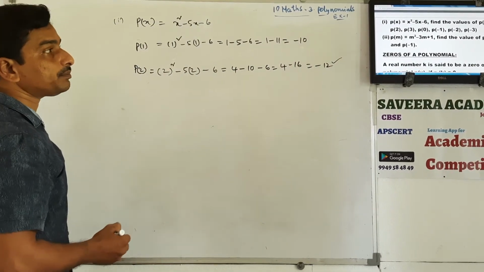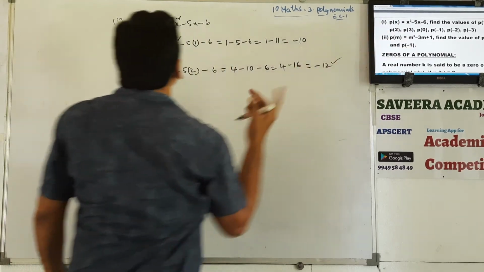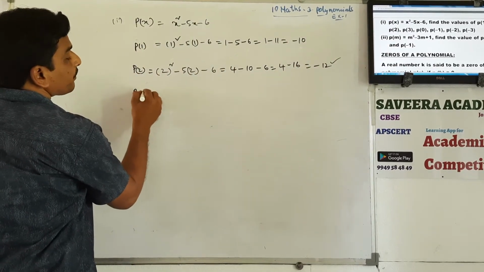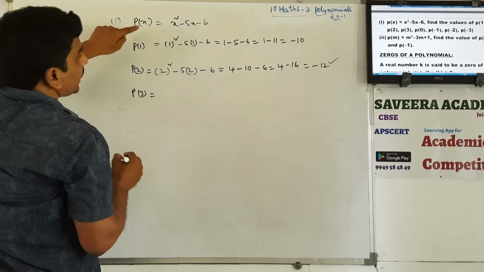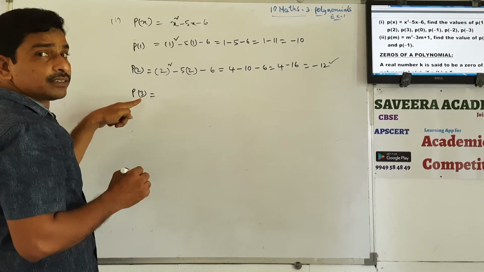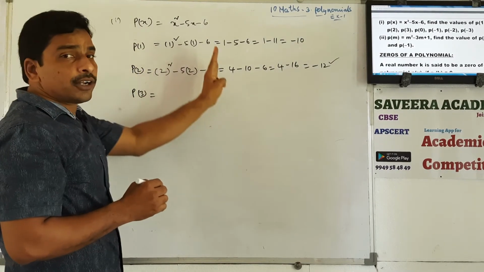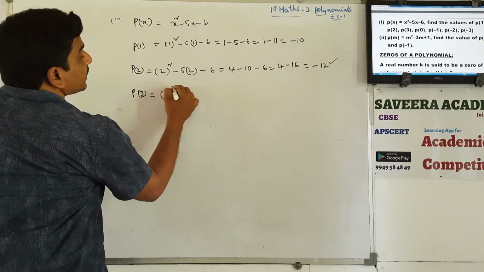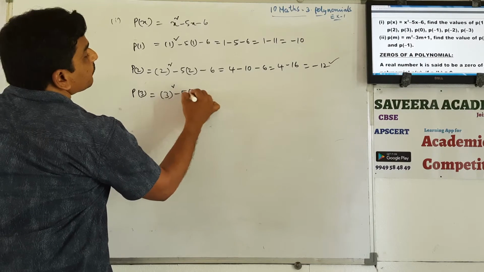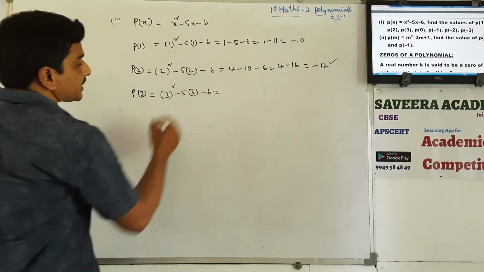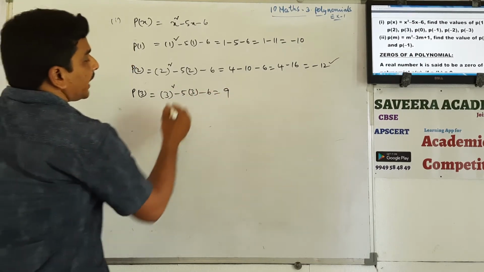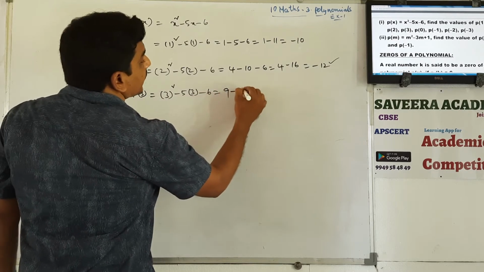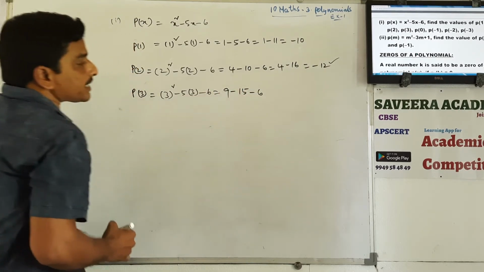You have to understand. Next, p of 3. You have to find p of 3. P of 3 is equal to, here x is there, instead of x we have written 3. So on the right side also we have to write down 3 instead of x. So 3 square minus 5 into 3 minus 6. 3 square means 9, minus 5 3s are 15, minus 6.